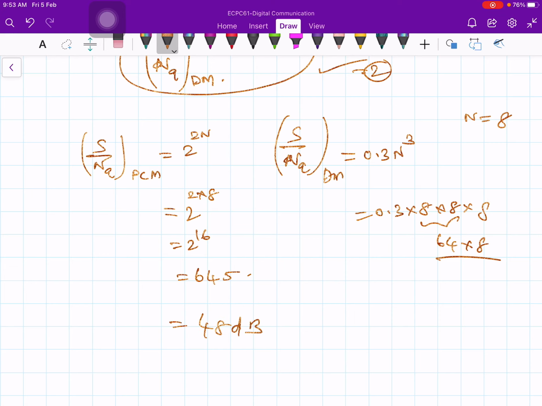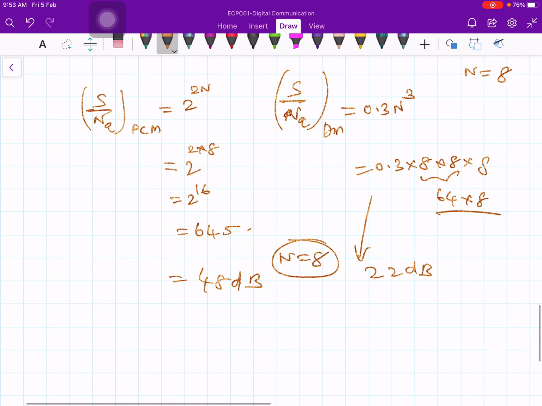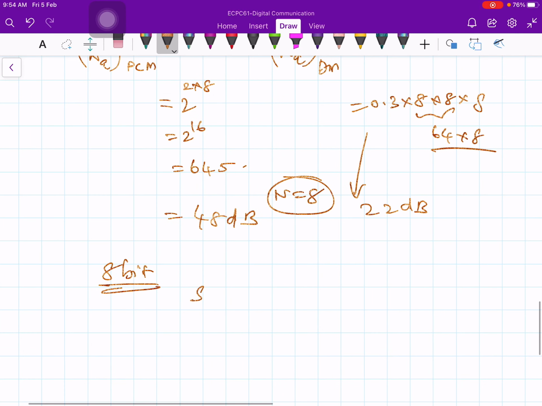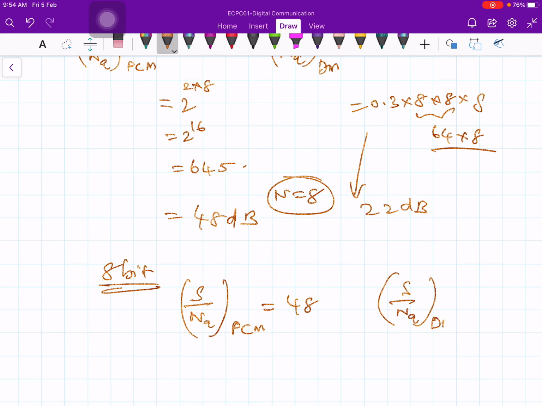Whereas for the delta modulator, if you compute it in dB, it turns out to be something like 22 dB for N equal to 8. So if you use 8 bits, the signal to quantization noise ratio of PCM is 48 dB, and that of the delta modulator is 22 dB. So it is not only poorer, it is considerably poorer. There is a 26 dB SNR difference. It's huge, right?